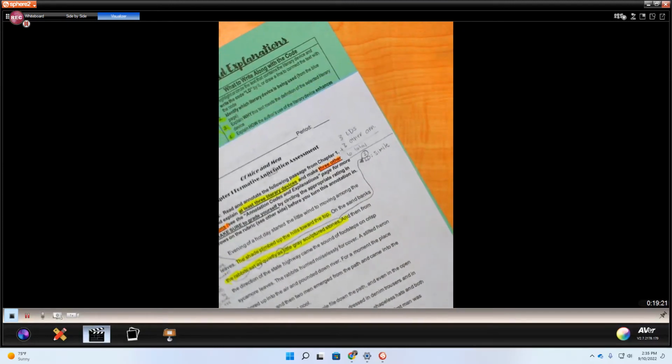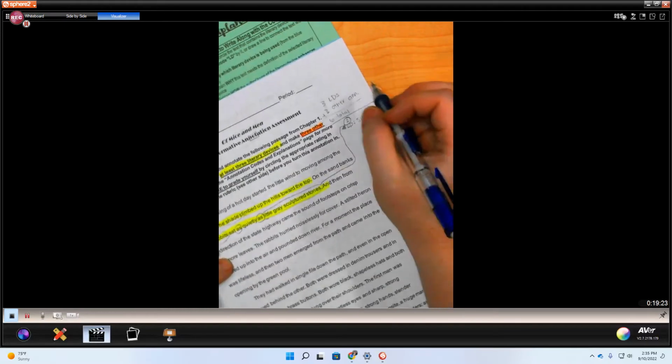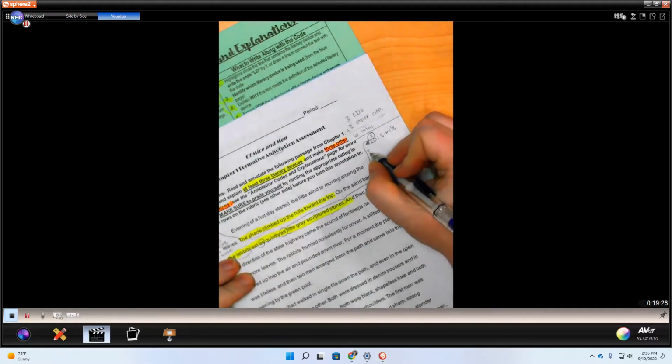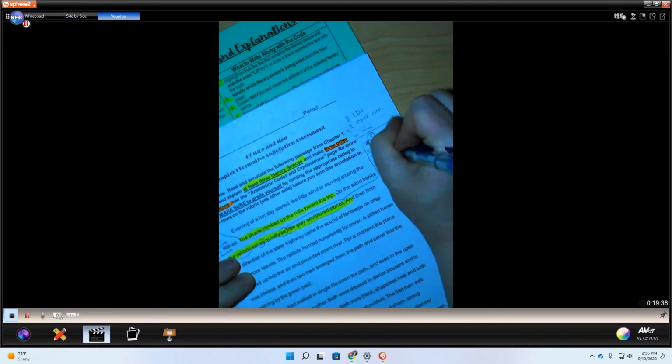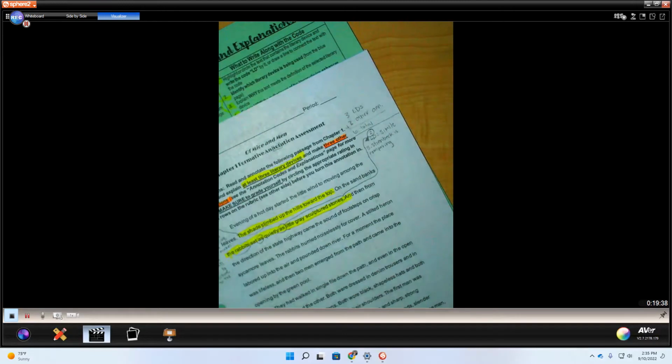Now I'm on to number 3. I'm explaining why the text meets the definition. So number 3, I would put Steinbeck is comparing, my lights in the room just went off, just 1 second.